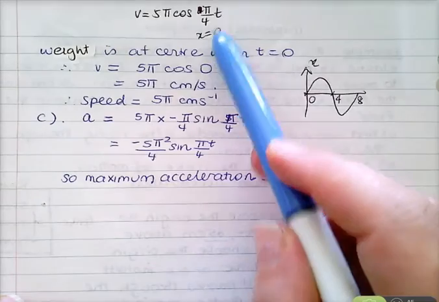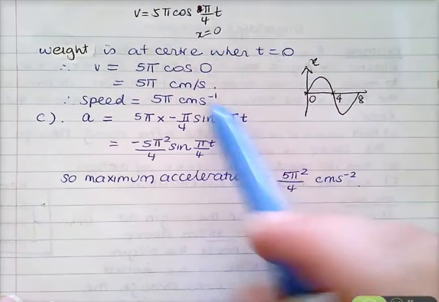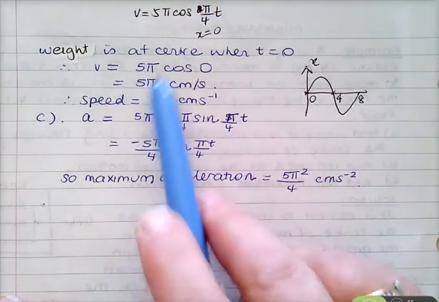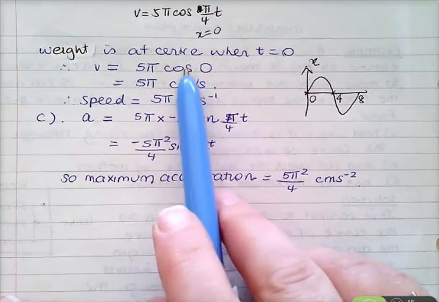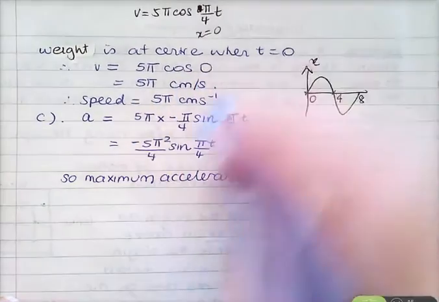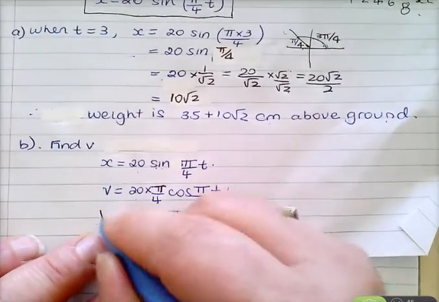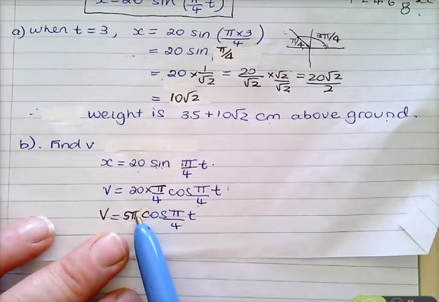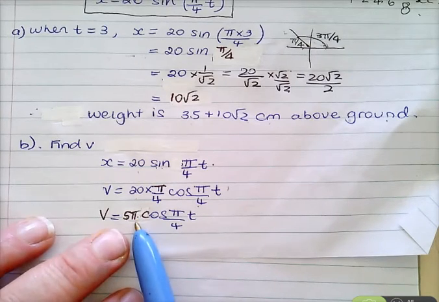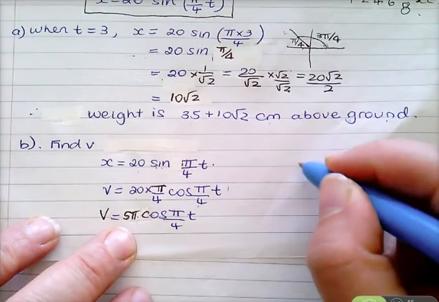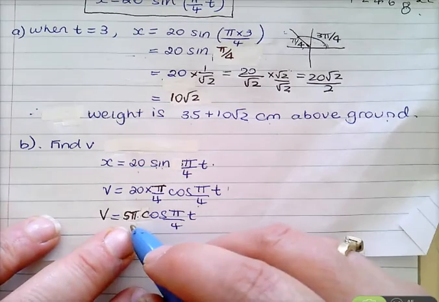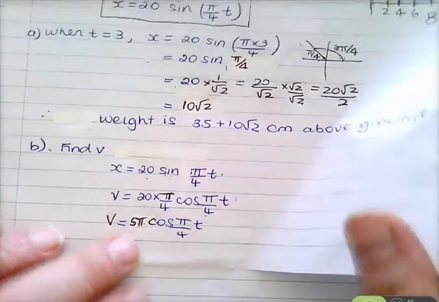So when we substitute time is 0 into that, we get 5 pi cos 0, and cos of 0 is 1. So we get 5 pi centimetres per second. But by just knowing what the velocity equation is, the maximum velocity is the amplitude of 5 pi. And the maximum velocity always occurs in the centre of motion. Okay?